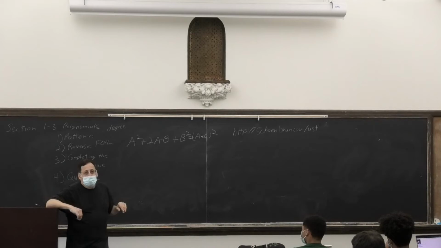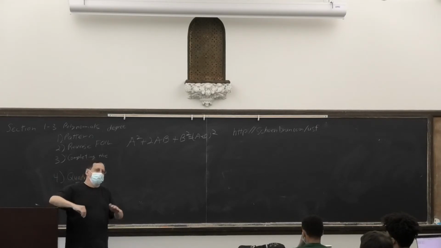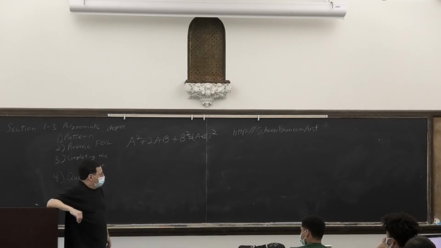The school would like me to put these on Canvas. My videos are on YouTube. And for various reasons, I can't do that. So rather than not give you access, I'm breaking the rules a little here.